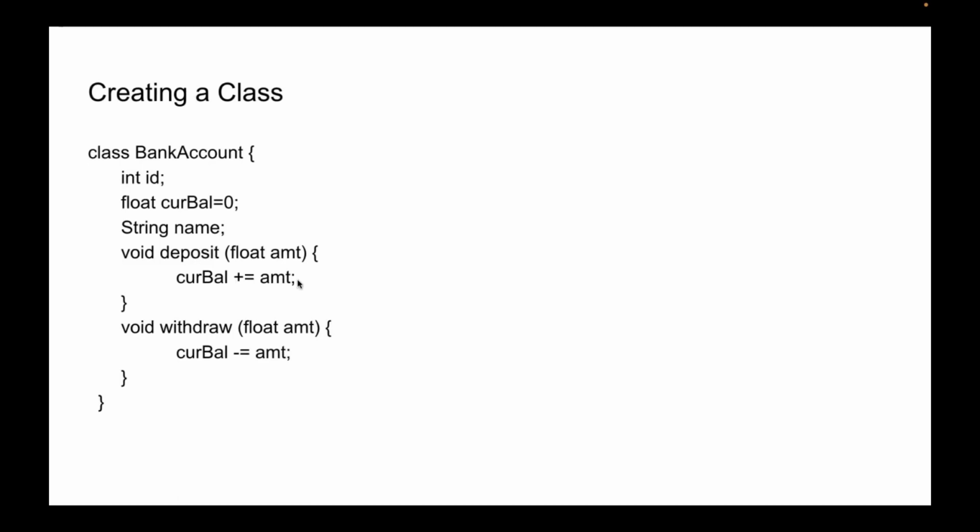Suppose you deposited 100 rupees. The value of this amount is 100 rupees, so your current balance now became 0 plus 100 rupees. That is deposit. Now when you use withdraw, you are basically withdrawing the amount.